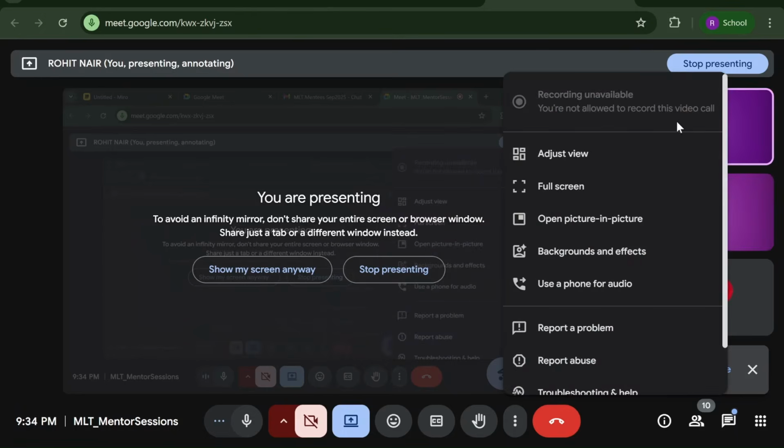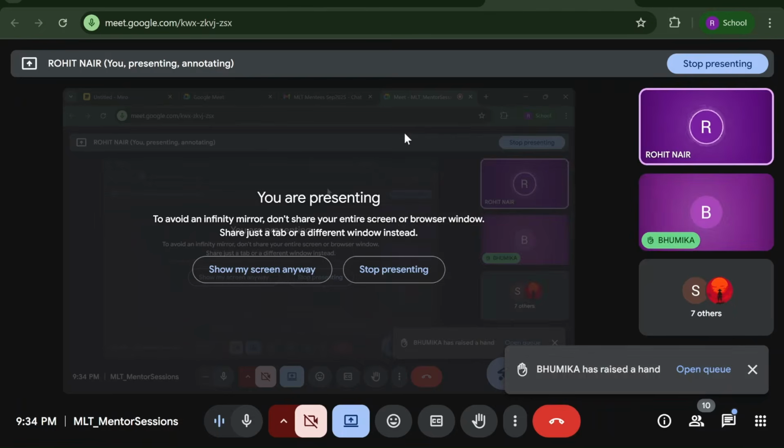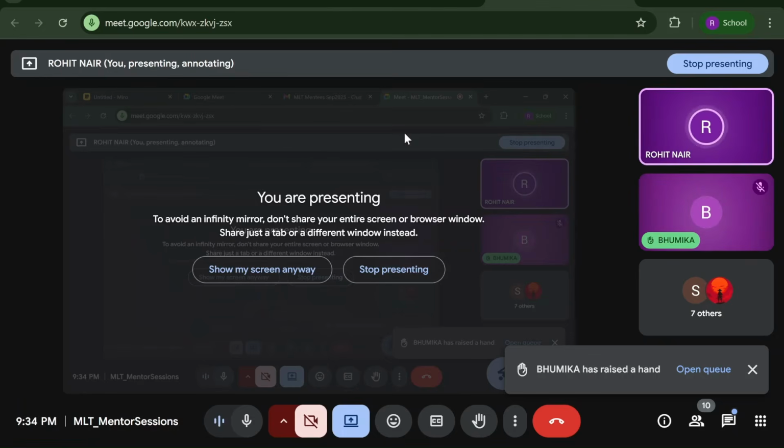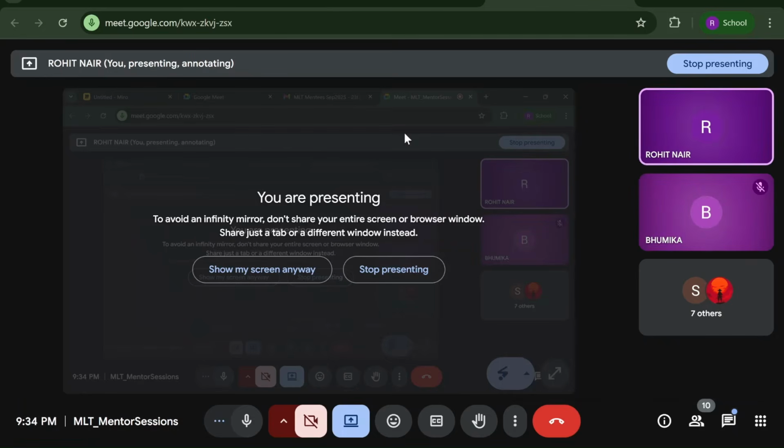I think it is automatically recorded, I'm not sure. Okay, don't worry, I will try to share something. I think probably the control is with Srinivasan, but let's see, we will figure it out.